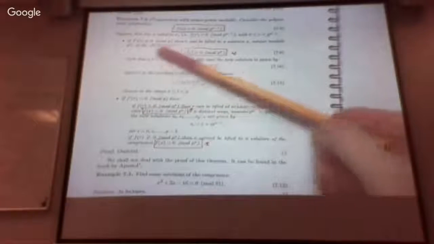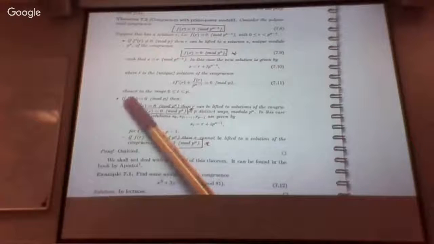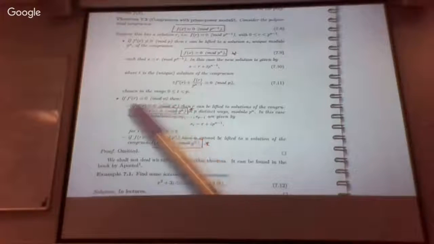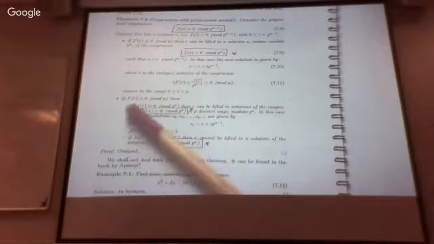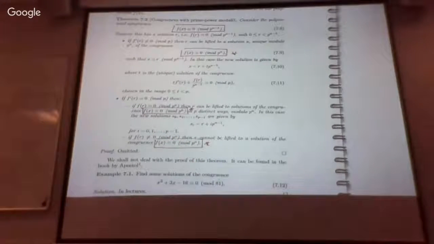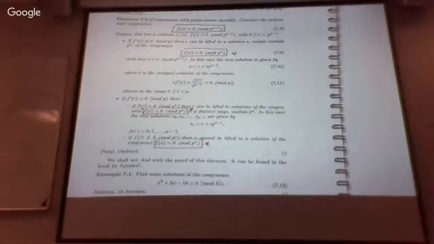You have to check how the derivative of the polynomial evaluates modulo p. And if the derivative of the polynomial evaluates to 0 modulo p at one of the solutions you already have, then there's a further check to make, which is based on the value of the polynomial modulo p to the new power, and so on.